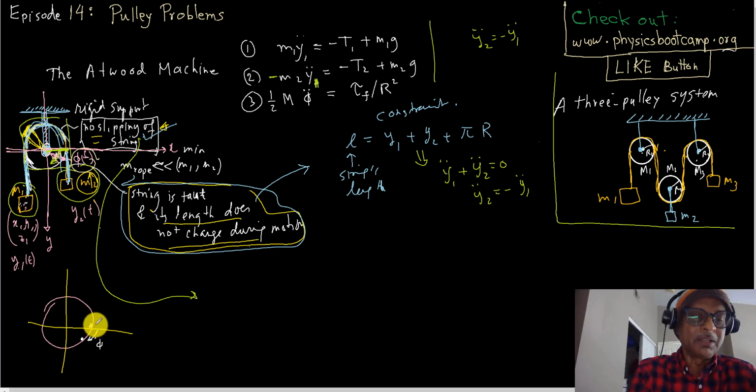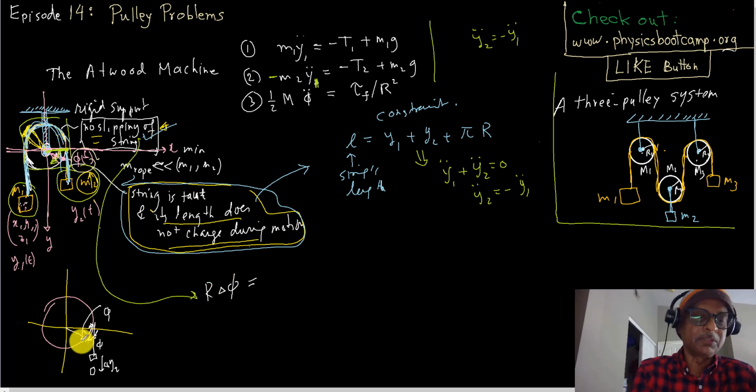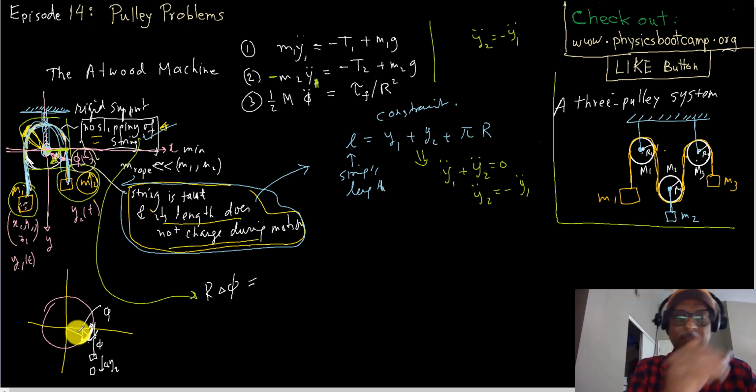Then this guy was over here, and this much rope is unwound, so y2 has increased that much, and so this angle phi, the amount of phi that increased, times r on this arc must be equal to delta y2.